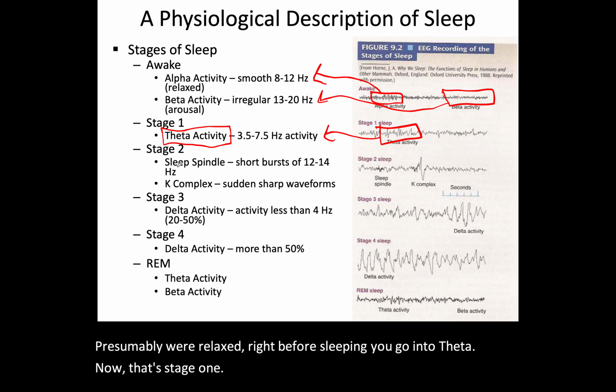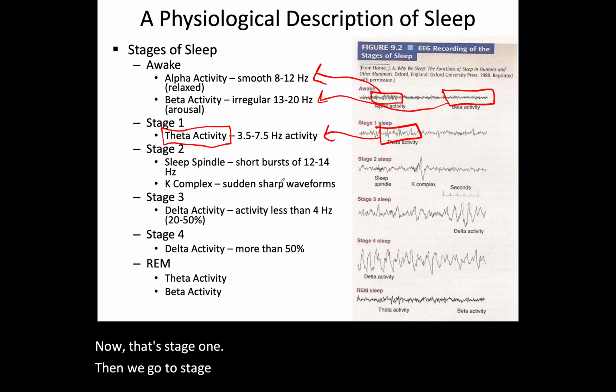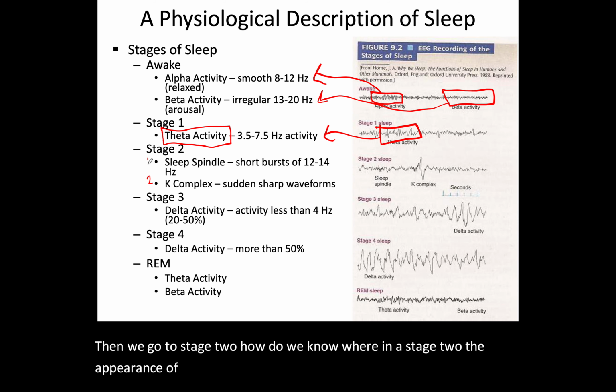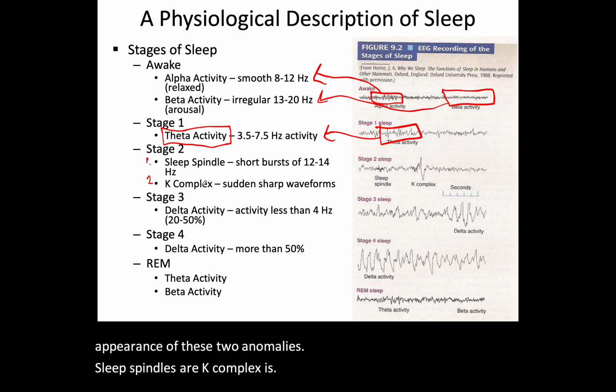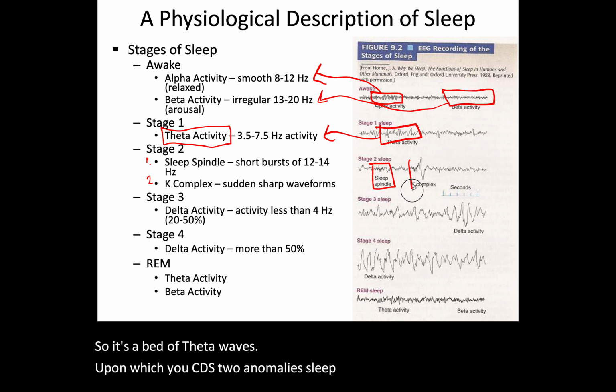Then we go to stage two. How do we know we're in stage two? The appearance of these two anomalies: sleep spindles and K complexes on a bed of theta waves. Okay? So it's a bed of theta waves upon which you see these two anomalies: sleep spindles and K complexes.